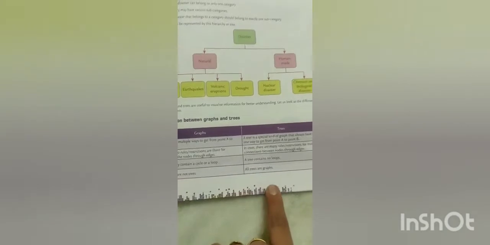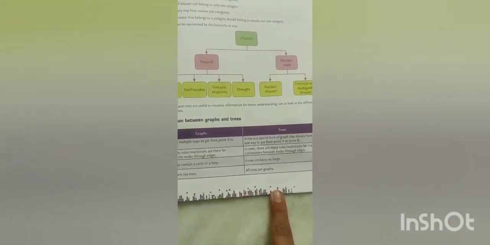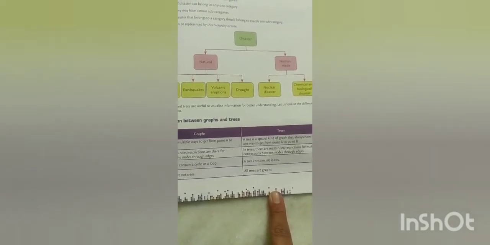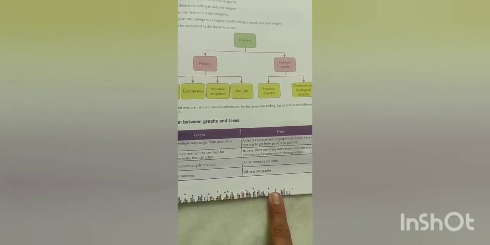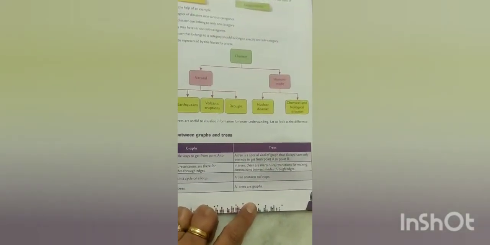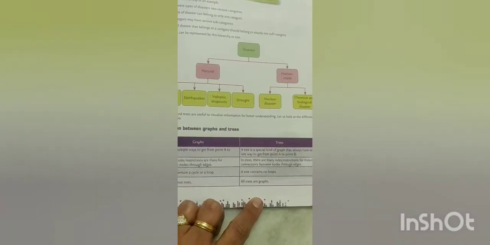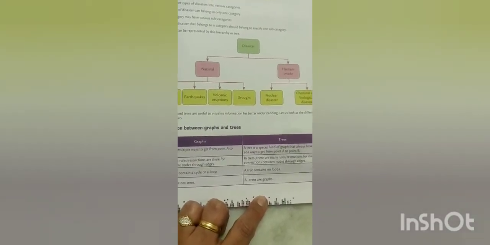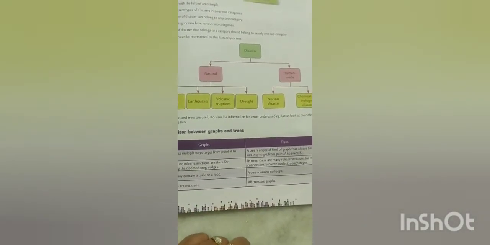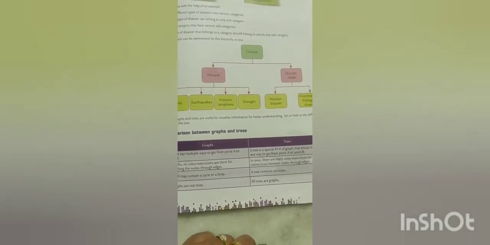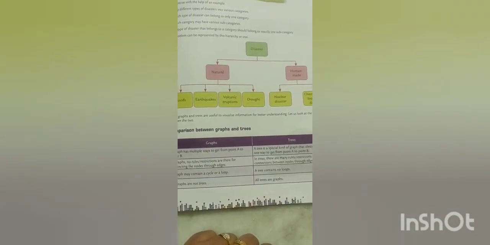But trees are a special kind of graph in which there is no loop and there is only one way to go from one point to another point. Like here also, if I want to go from disaster to drought, or from disaster to chemical and biological disaster, there is only one path that I need to follow. But in graphs there are multiple paths by which we can travel from one place to another.